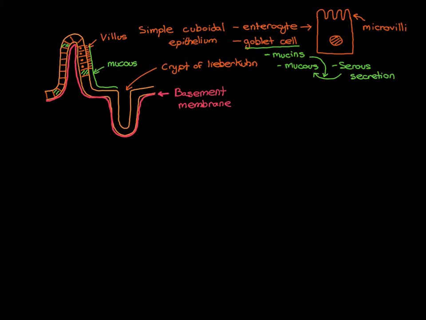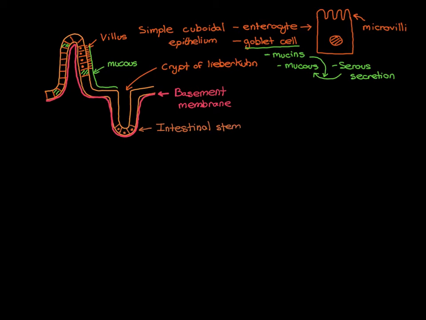So, right at the bottom then of the crypts of Lieberkuhn, which is a safe place for them to be present, are some cells that aren't replaced. These have to be kept safe, therefore, which is why they're right at the bottom of the crypts of Lieberkuhn, of which we have an example here. So these are really important cells that, as I say, can't be replaced and which are responsible for continually producing more epithelial cells.